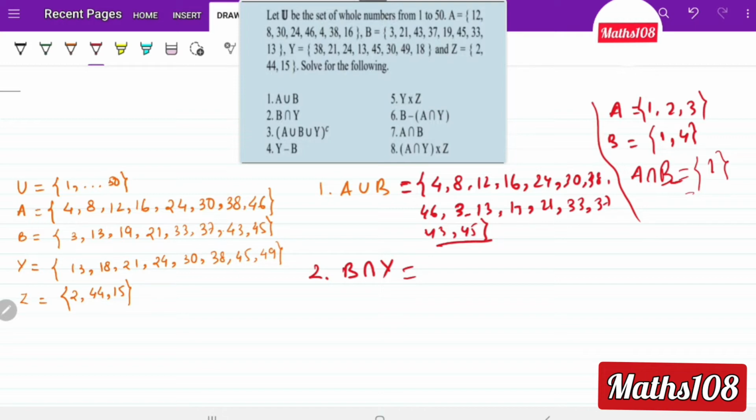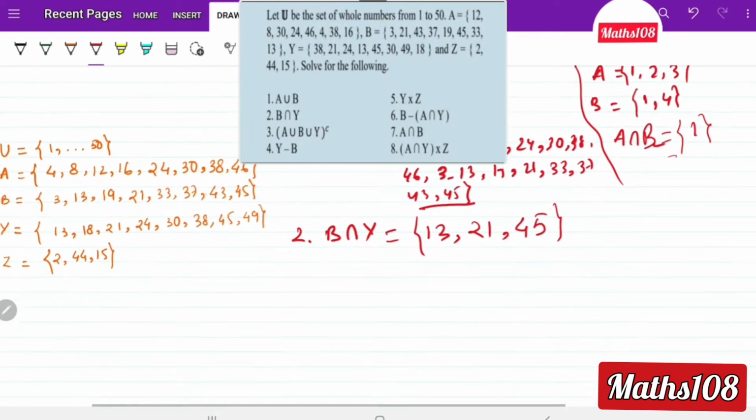There is 3 in B but not in Y. 13 is here in both, not 19. 21 is here in both, not 33, not 37, not 43, and 45 is common in both. So this is B intersection Y.